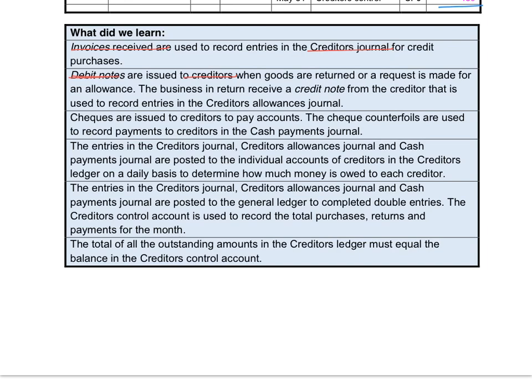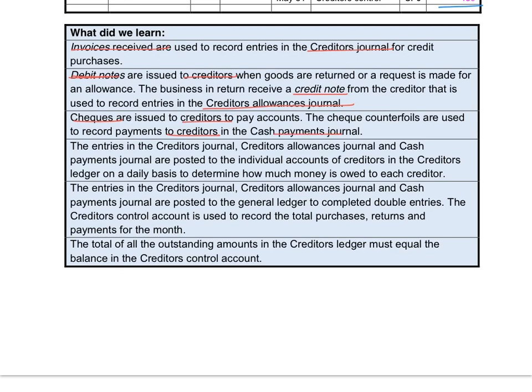The business in return will receive a credit note from the creditor, and that is used to record it in the creditors allowances journal. Checks are issued to creditors to pay the accounts. The check counterfoil is the piece that remains in the check book, and that check counterfoil is used to record payments to creditors in the cash payments journal.